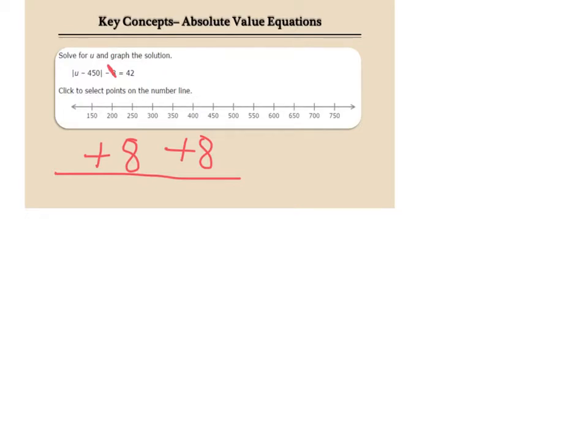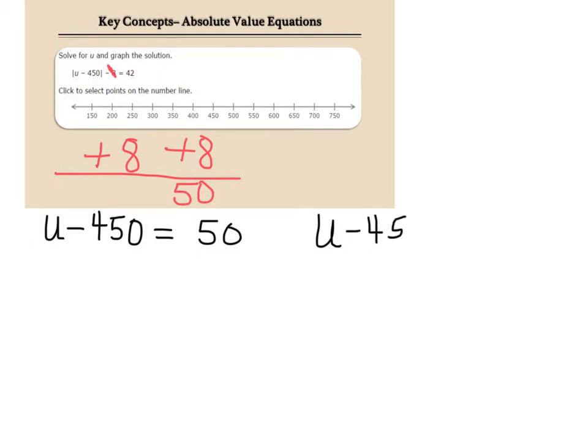And 42 plus 8 is 50. So now I'm ready to rewrite the problem. And I'm just going to rewrite the absolute value without the symbols. So I have u minus 450 equals 50, and u minus 450 equals negative 50.